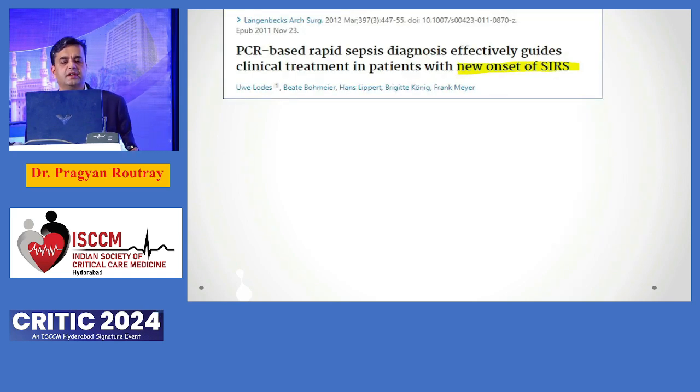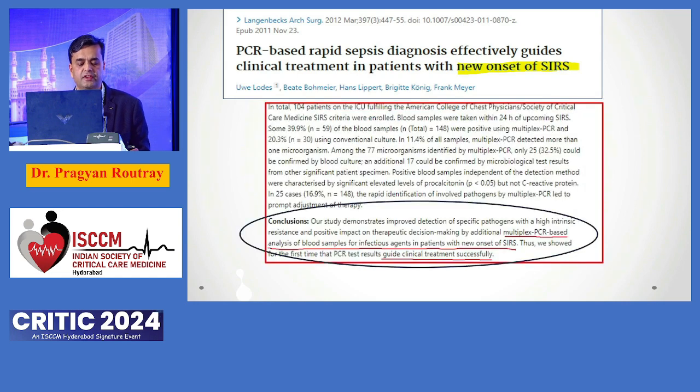Coming to PCR based rapid sepsis diagnosis effectively guiding clinical treatment in new onset of SIRS. We are always bewildered by any new onset SIRS, whether it is pancreatitis happening, or whether the patient has had a new infection. So studies have proven this, published in archives by Lord et al. They found that multiplex PCR helps analyze a blood sample for infectious agents in patients with new onset SIRS.